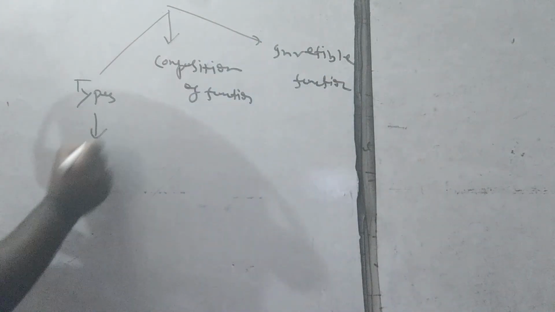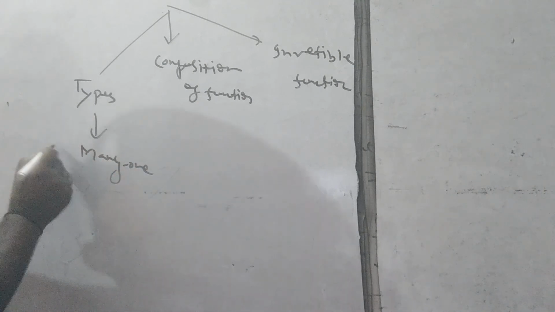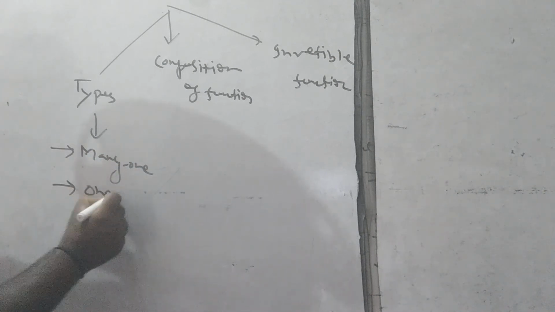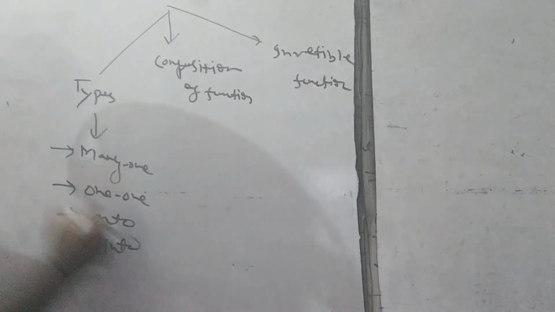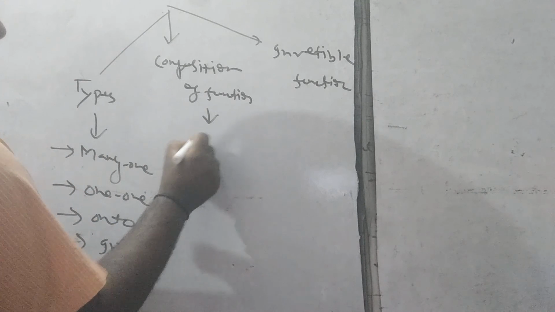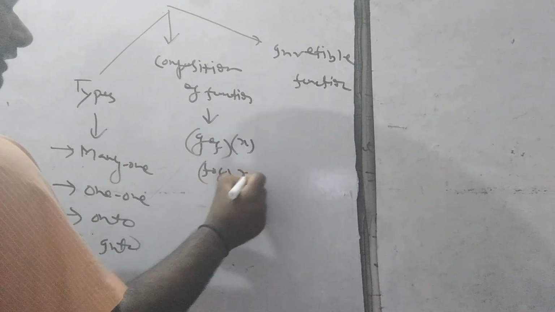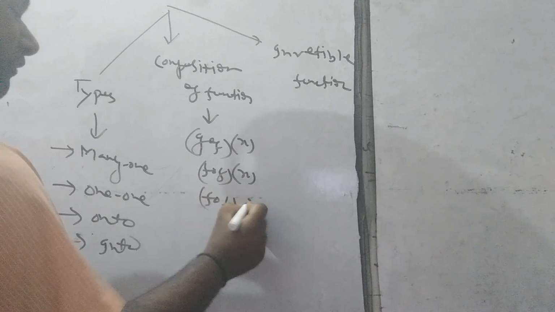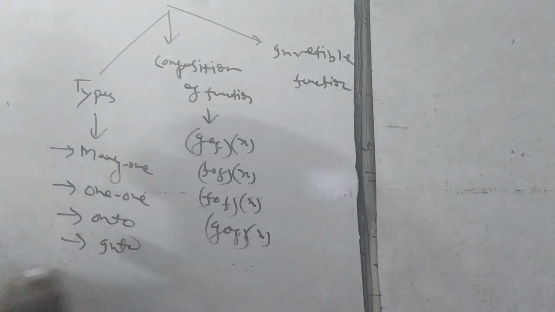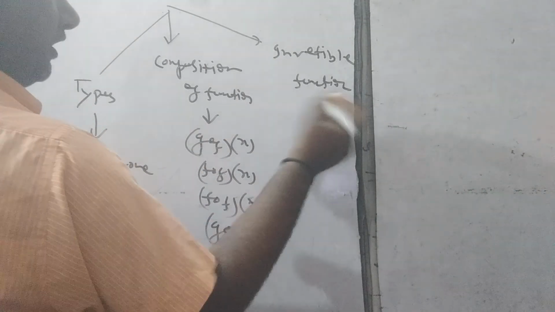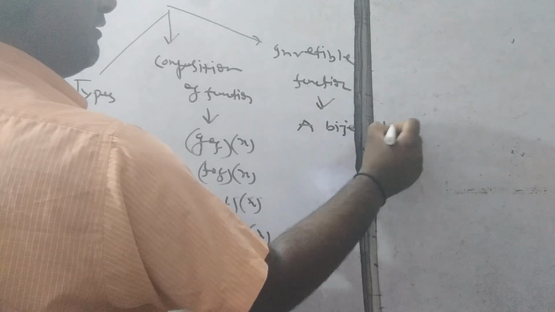In types, we have gone through one-one, onto, into. In composition of function, we must know the formulas of gof of x, fog of x, fof of x, and gog of x. These four types are explained in the book. Invertible function: a bijective function is called an invertible function.